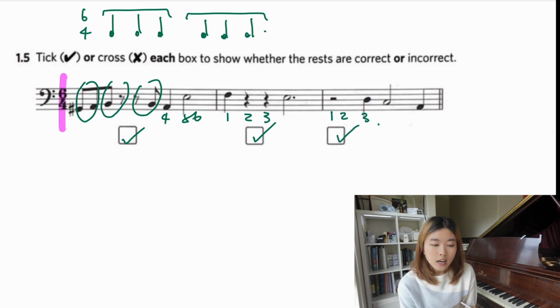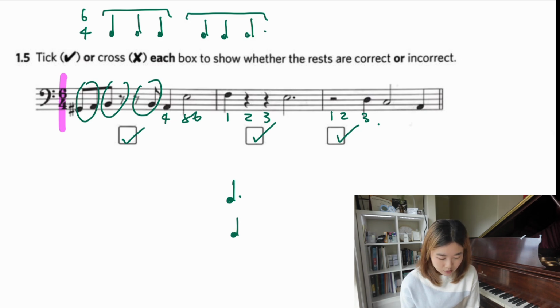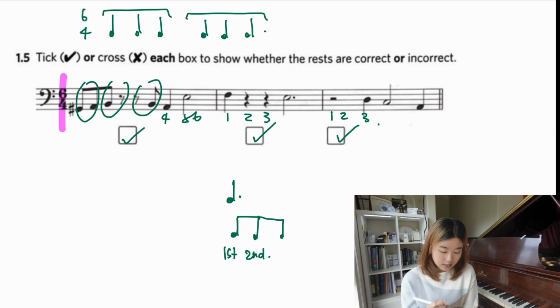There's one grouping that I want you to pay attention to when you have a compound time. So when you have a dotted 8th as the beat of the compound time, if you try to divide them into 3/8 notes, okay? If the first 2 beats are resting, you can group them together.